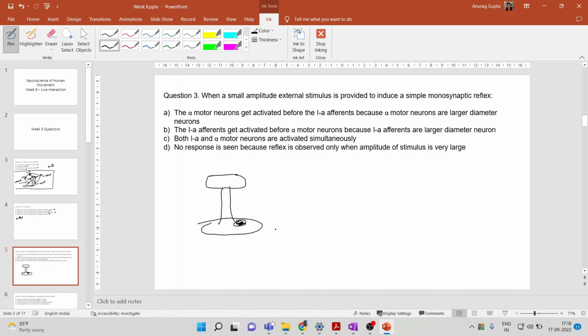So this is a muscle spindle, let us say, and these are the afferent fibers that take information from the spindle to the spinal cord, and these are the efferent fibers, and this is the muscle.